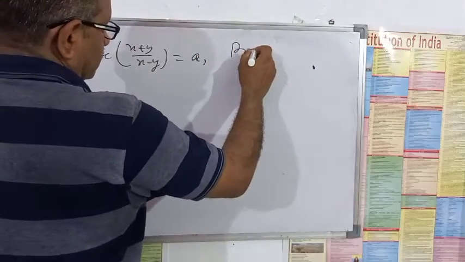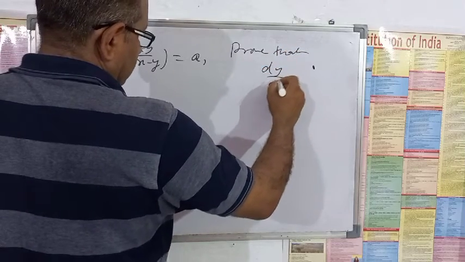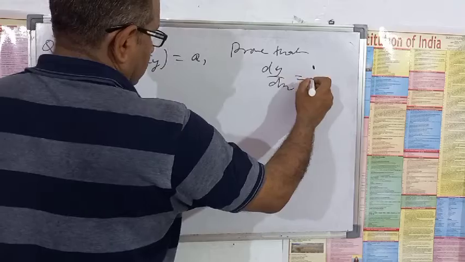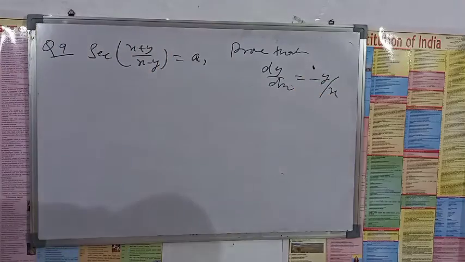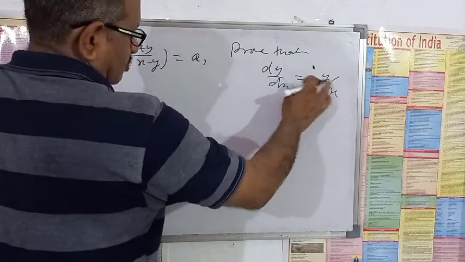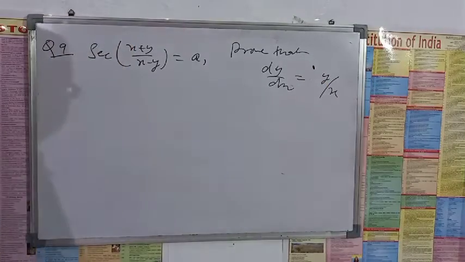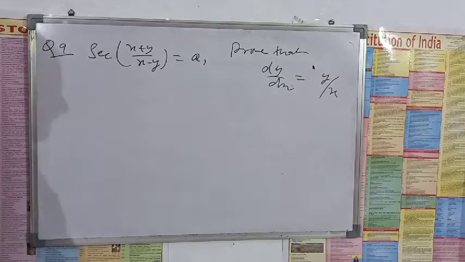Prove that dy by dx is equal to y by x, not minus sign here. So we have to find dy by dx and prove that it is equal to y upon x.